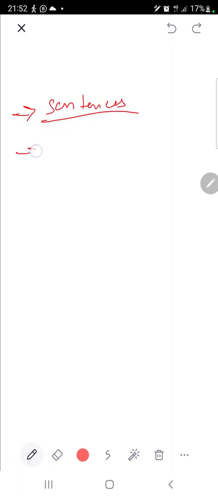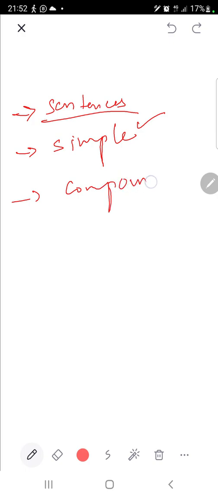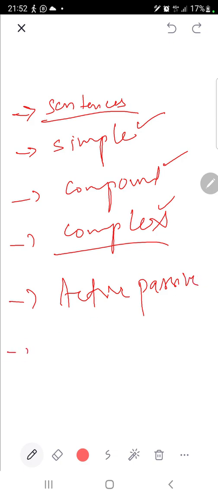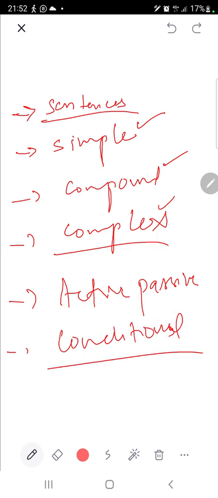In OET writing, we have three different types of sentences: simple, compound, and complex. These are the majorly used sentence types in OET writing. You can also write in active and passive, and statements can be written with conditional clauses.